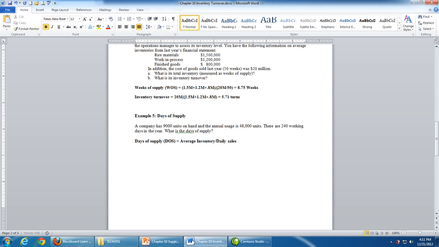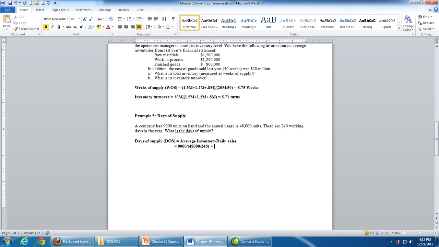Okay, which is equivalent to average inventory, about 9,000 on hand, divided by daily sale. If annual sale is 48,000 and you work 240 days per year, then 48,000 divided by 240 will be the daily sale.